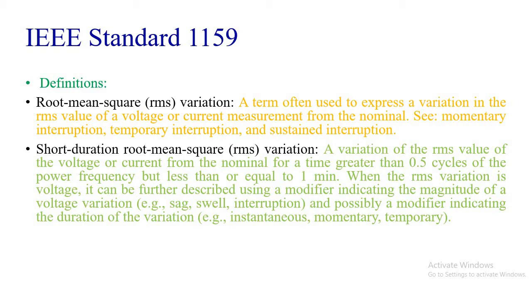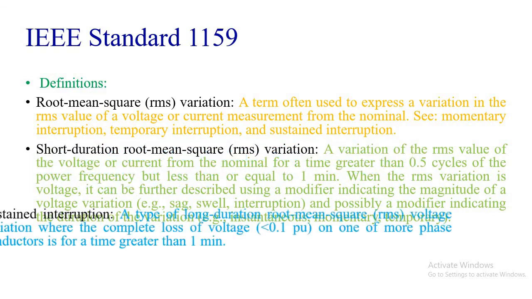When the RMS variation is voltage, it can be further described using a modifier indicating the magnitude of the voltage variation, and possibly a modifier indicating the duration of the variation. That is momentary or temporary.